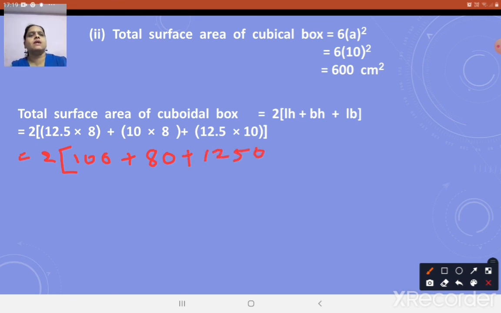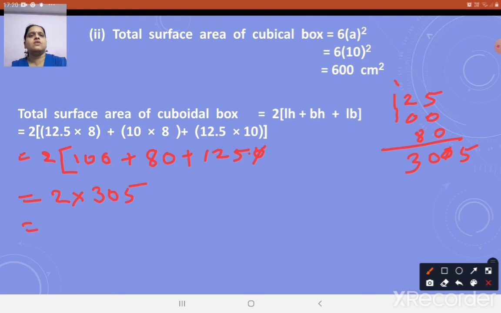125.0, that is 12.5 multiplied by 10, and then give the decimal point so that this 0 will get cancelled. Now just add 125 plus 100 plus 80. So 5, then 8 plus 2 is 10, carry 1, 305. So we are getting here 2 into 305.